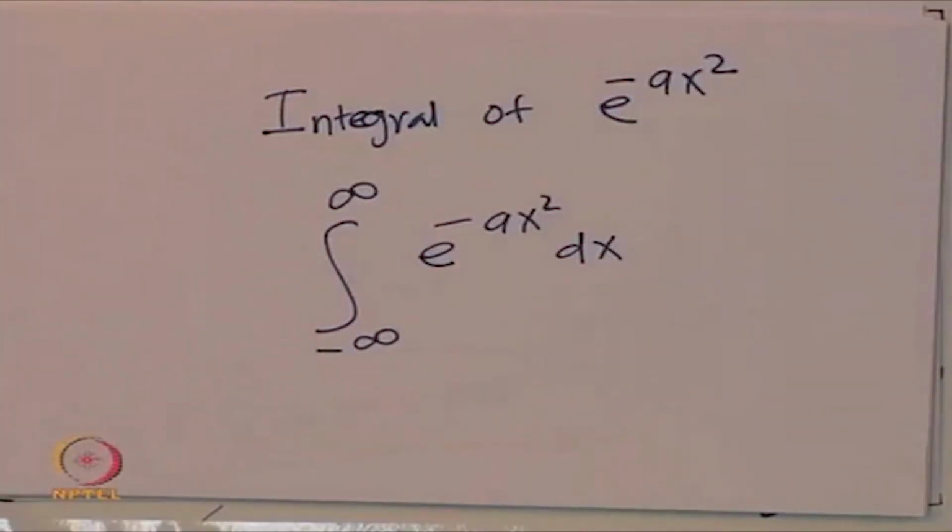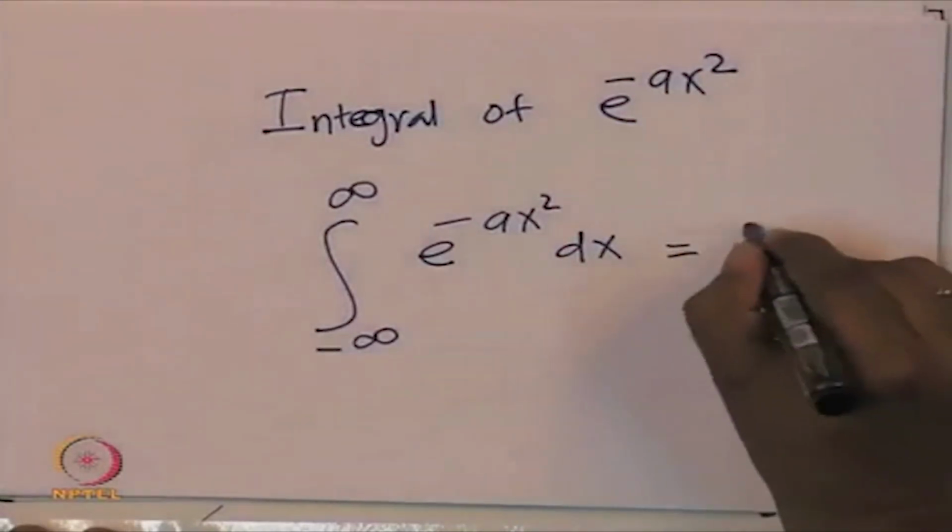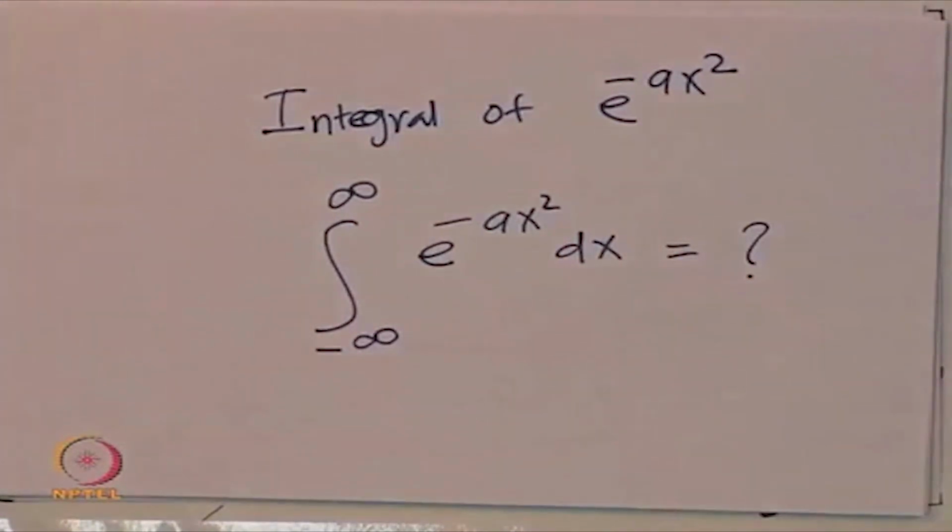We even discussed the answer, but how do we get the answer? How do we do this? It's easy to do in a special way. The answer is used very much in probability and so forth. So, let us do this carefully and learn how to do this.